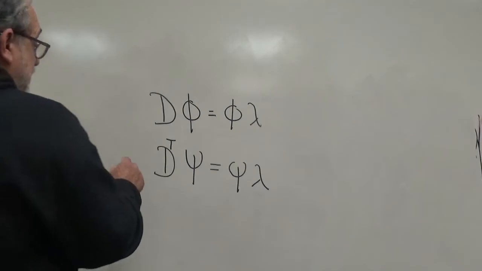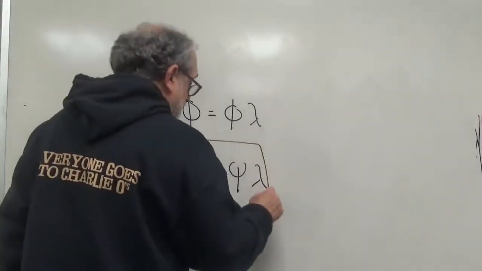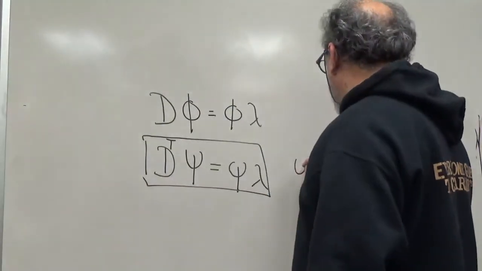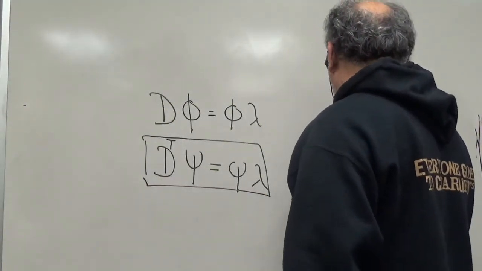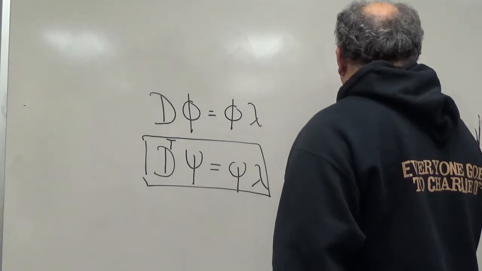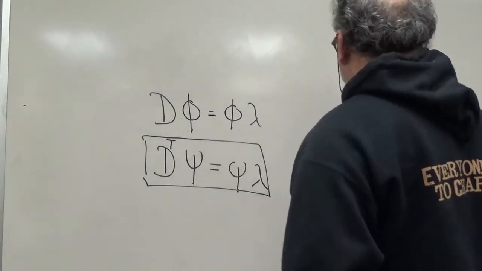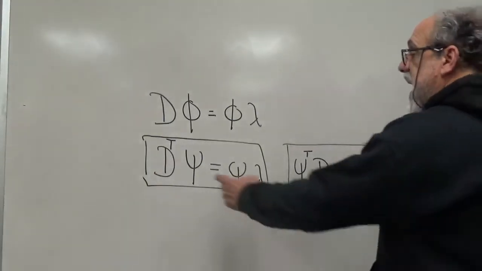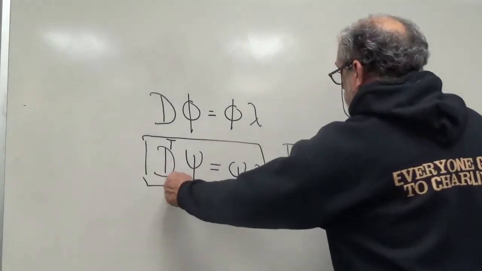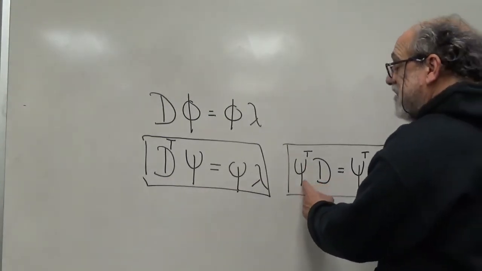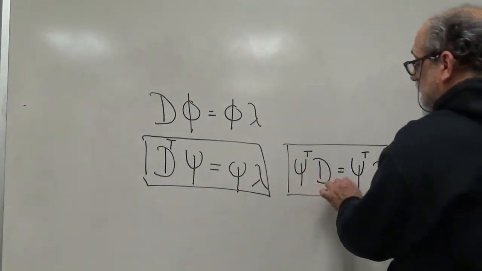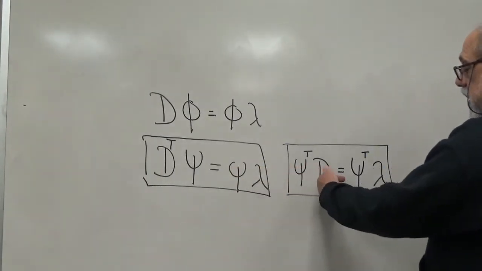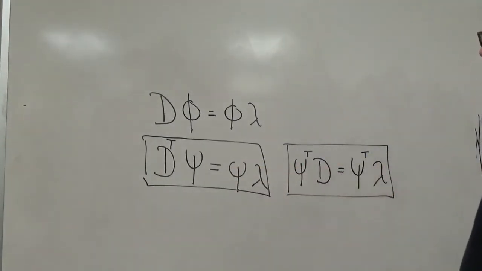Now, if you take this eigenvalue problem and you take the transpose, then you see that you get this. And therefore, the eigenvectors of the transpose of a matrix are called the left side eigenvectors, because they work such that if you multiply them as a row on the left side, you get the row multiplied times the eigenvalue.